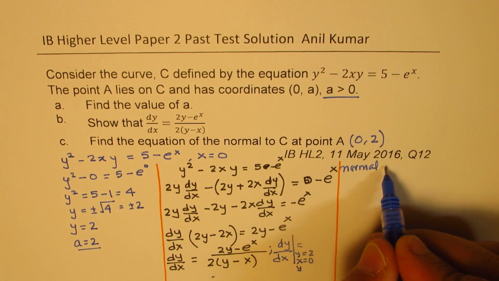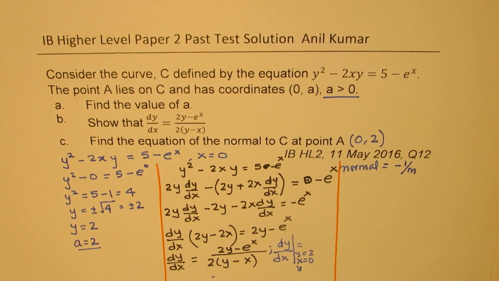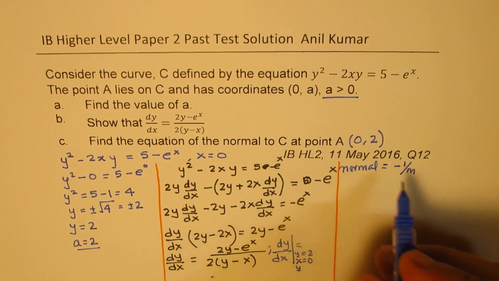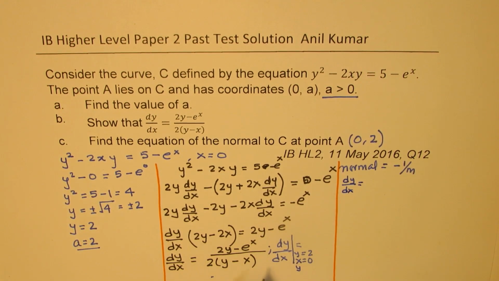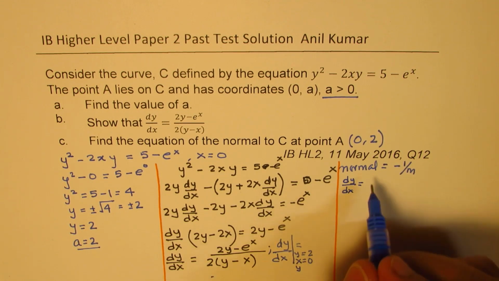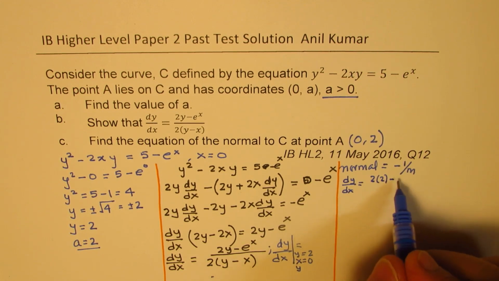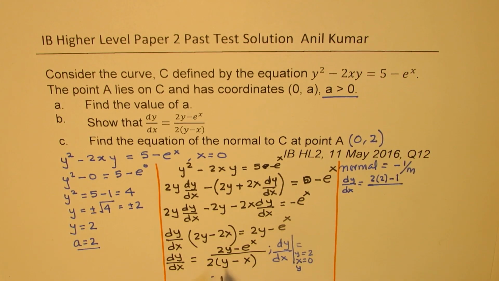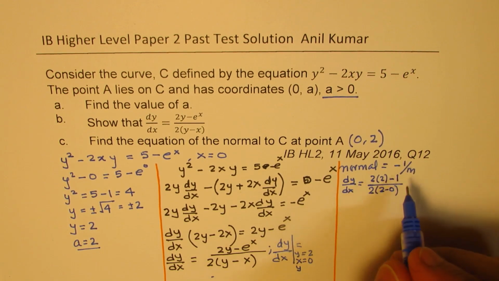So the normal slope is the negative of 1 over slope m, right? So we'll find dy/dx here. If I substitute x equals 0 and y equals 2, first dy/dx is equal to, substituting y equals 2, we get 2 times 2 minus e to the power of 0, which is 1, over 2 times 2 minus 0, correct? x is 0.